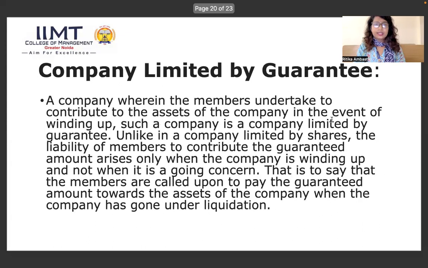And next is company limited by guarantee. A company wherein the members undertake to contribute to the assets of the company in the event of winding up is a company limited by guarantee. Unlike in a company limited by shares, the liability of members here is limited to the guaranteed amount.